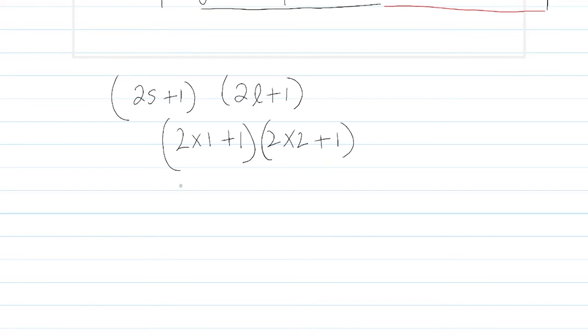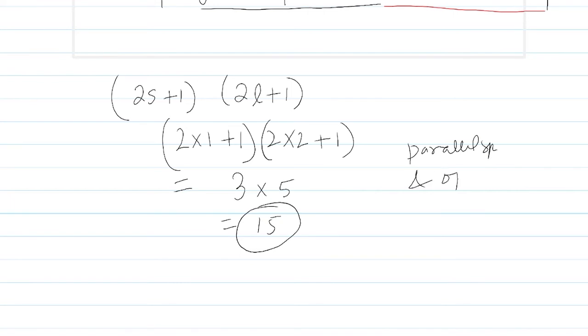Okay, so we have 3 multiplied by 5 is equal to 15. So the total number of energy levels for both parallel spin and opposite spin will be 15.